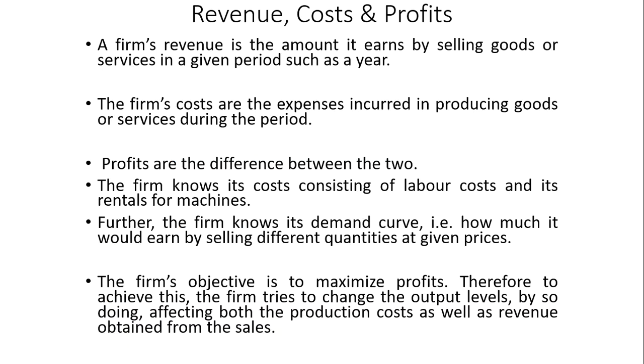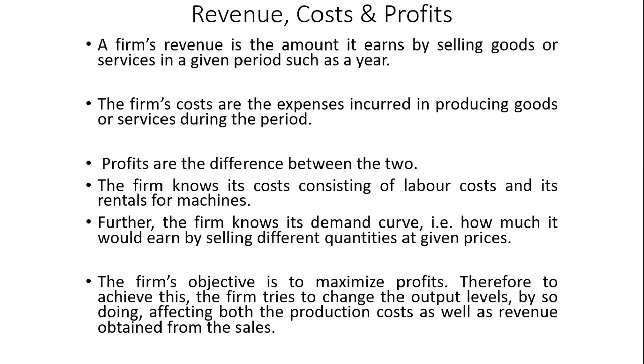Now, remember that the main target of the firm is to maximize revenue, so that when the revenue side is maximized, it's obvious that the profit is also going to be maximized. So the main reason why firms exist is to make profit. But for a firm to maximize profit, you need to know how best you can maximize your revenue side, and at the same time how best you can minimize the cost side.